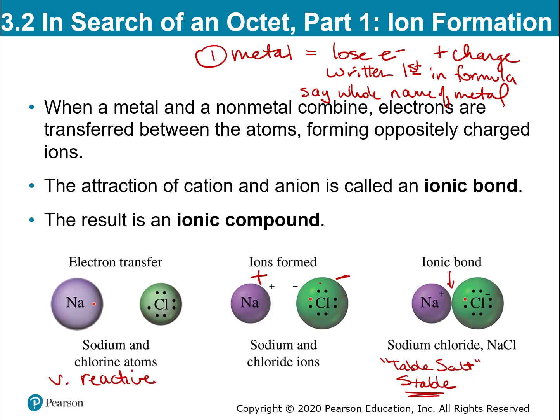So what's different about the nonmetal? So chlorine is our good example of a nonmetal. It's always written second or written afterwards. Nonmetals always what? What happens to them in terms of their electron numbers? The chlorine to the chloride ion. Gains. So these gain electrons. They always become negatively charged. They're always written second.